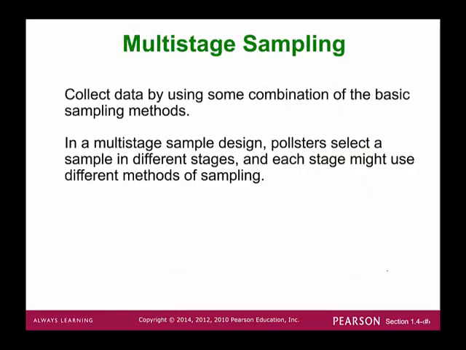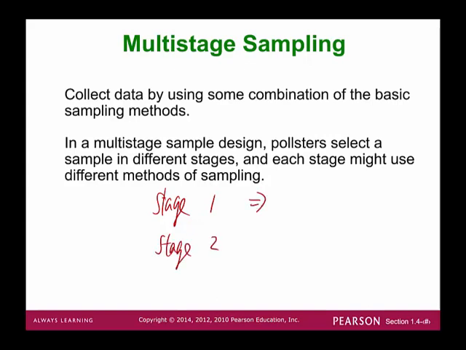And sometimes in a complicated research study, you may collect data in different stages, combining different sampling methods. At a certain stage, you may feel a certain sampling method is better. So at stage 1, stage 2, you're picking different methods.